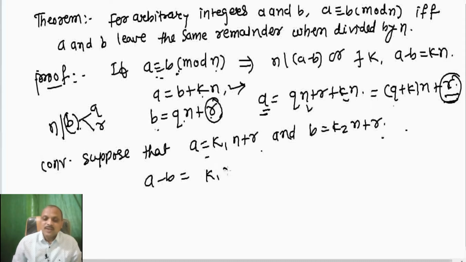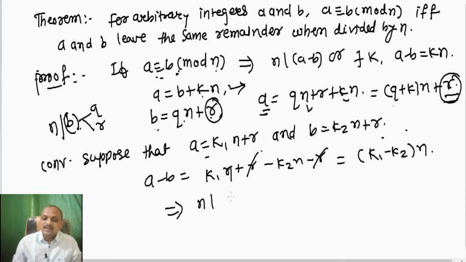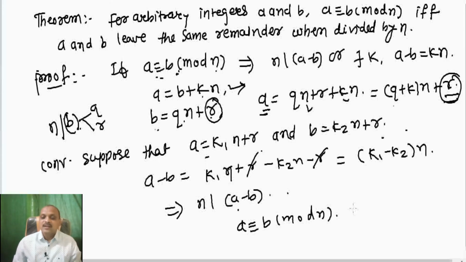Now a minus b equals k1 n plus r minus k2 n minus r; r will be cancelled, and we have k1 minus k2 into n. This implies that n is a divisor of a minus b, and when n is a divisor of a minus b, we can say that a is congruent to b modulo n. So whenever two integers a and b leave the same remainder, then a is congruent to b modulo n.